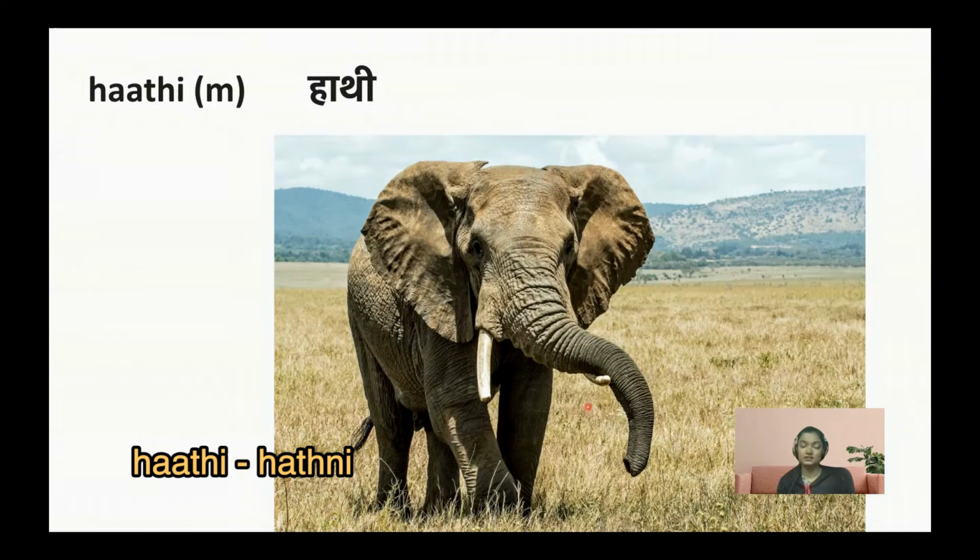That also ends with e. In some cases, we look at the suffix ni to distinguish feminine from masculine. For example, hathni for female elephant, sherni for lioness, and morni for peahen.